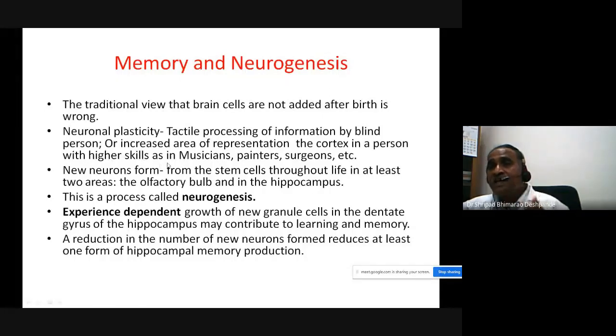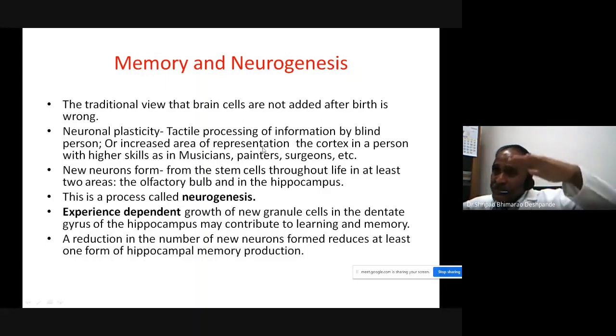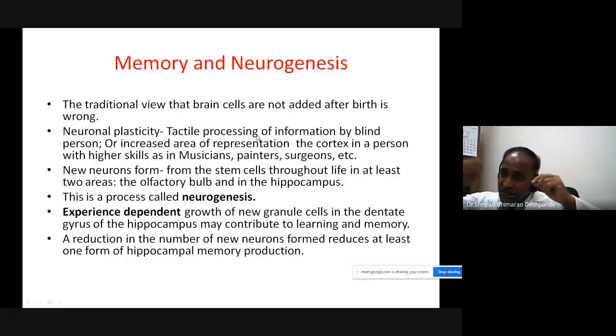If you see an area, for example Heschl's gyrus or the auditory cortex, it will be very large in the case of musicians of an established, high level. Or great painters have a somatosensory area for hand skill movements, and they have a greater area.